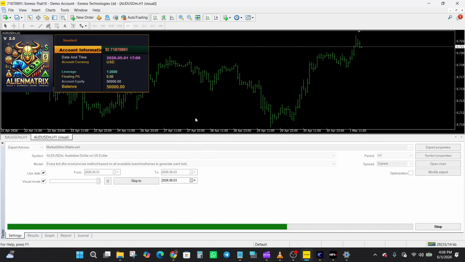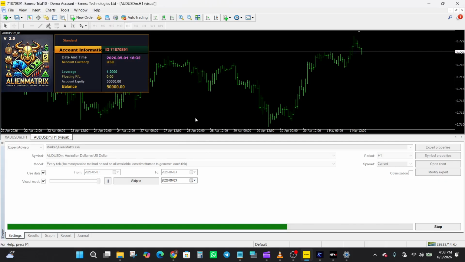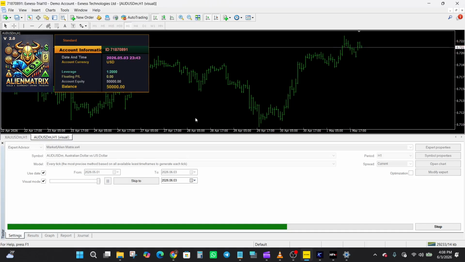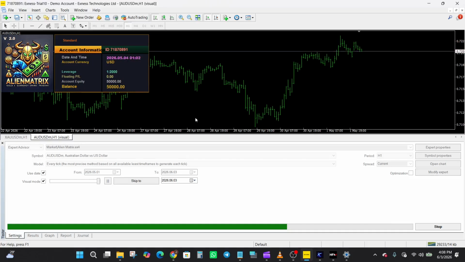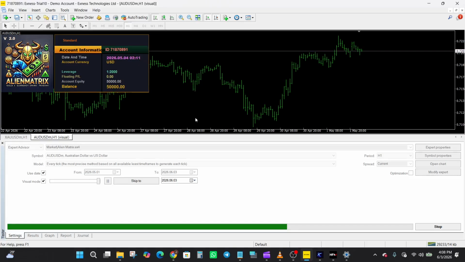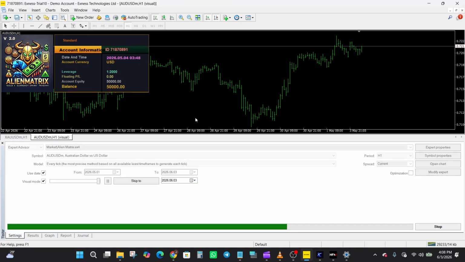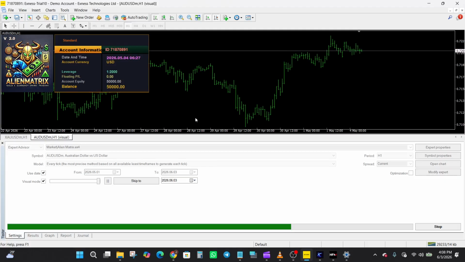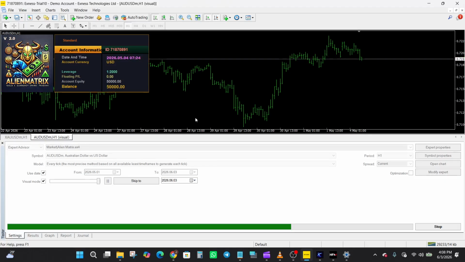Now, since this is historical testing, it's always important to keep in mind that longer test periods generally give a more realistic picture of performance. So if you are evaluating something like this, I would personally recommend running extended backtests yourself as well, just to see how it behaves across different market environments.